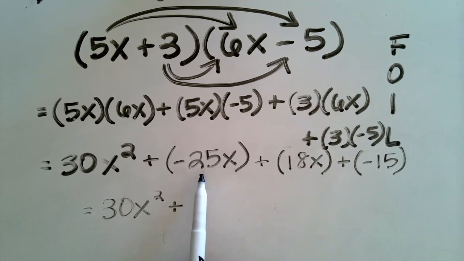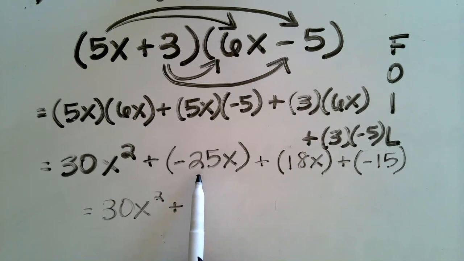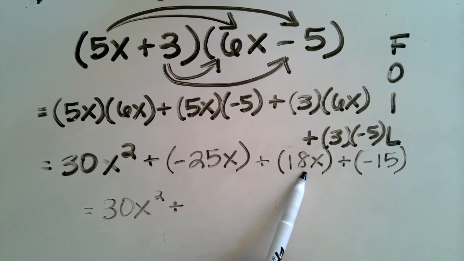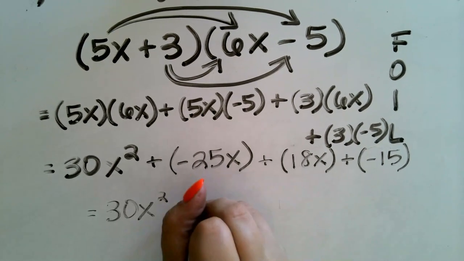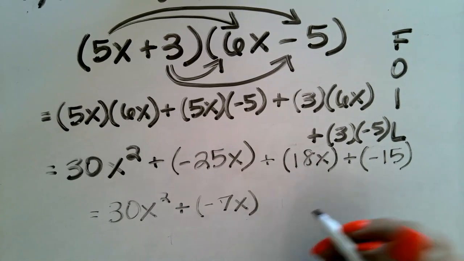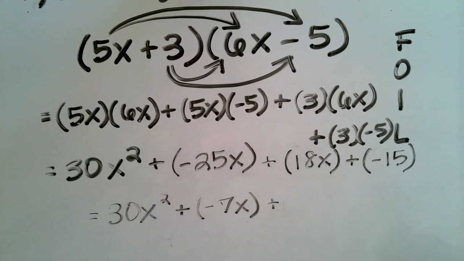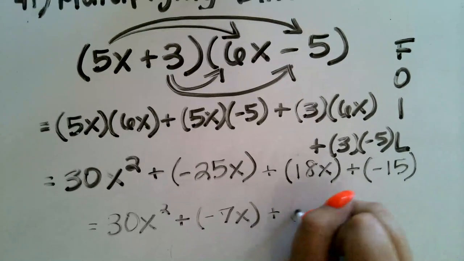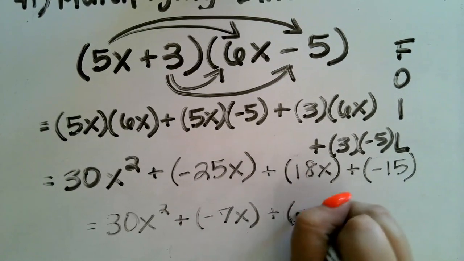So we're starting all the way to the left of 0 at negative 25, and then we're going to the right, closer to 0, by adding 18 to it. It's going to be a negative 7x plus, again, over here, there's nothing to combine, so it's just that negative 15.